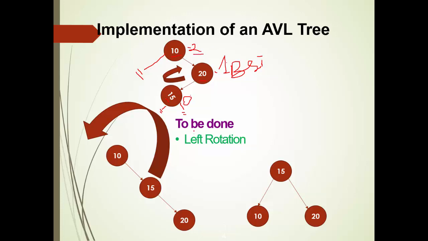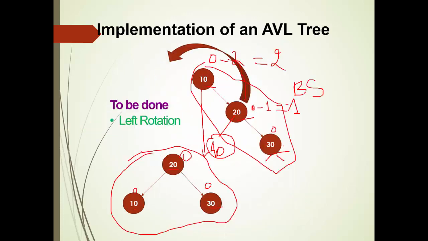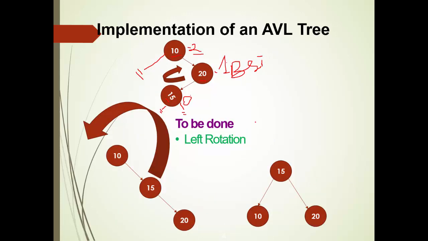Then what do we do? The first thing to be done is to say, okay, let me first make it as this first one was. So what should I do? I can say, okay, let me start with 10 with the right rotation, not left.